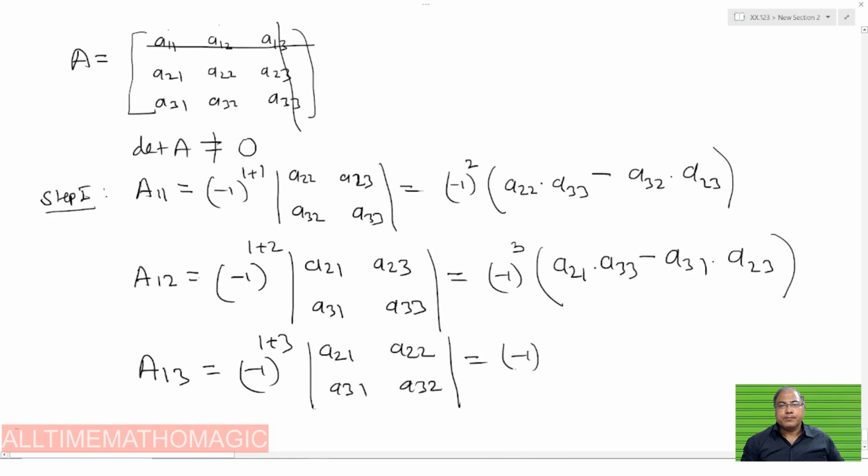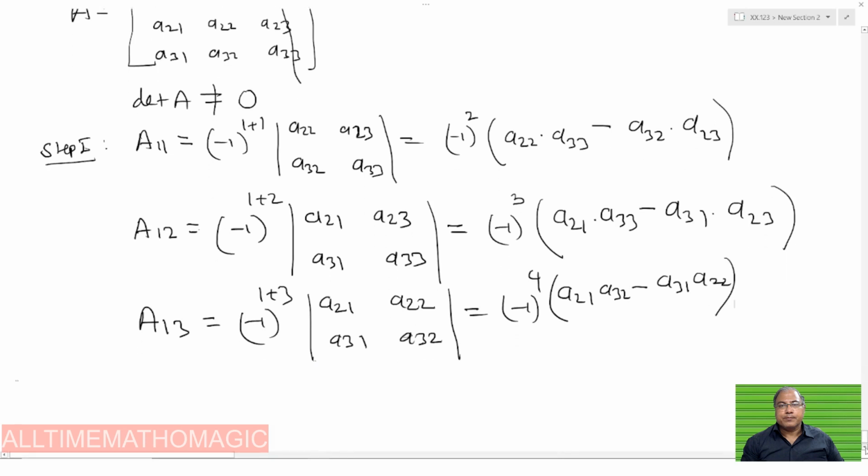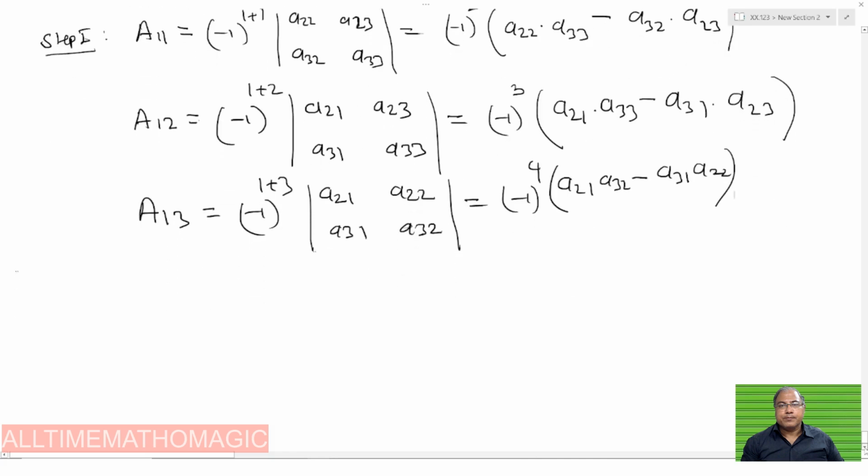Again minus 1 raised to 4, and here the determinant A21 A32 minus A31 A22. Similarly, you can find the other cofactors.